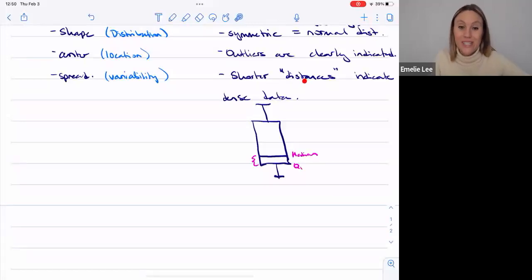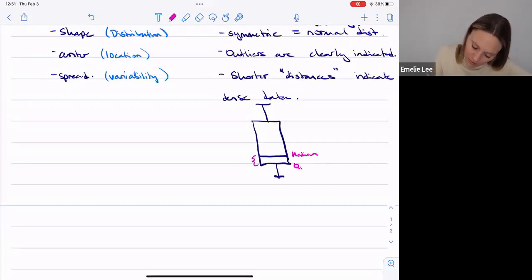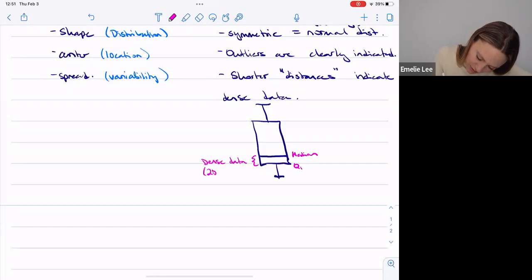So the shorter distance from Q1 to the median, there's still a quarter of my data here, right? So that means that all my data points are really tight. Okay, they're all in this length, right? And so this means that we have dense data, because it's 25% of the data.